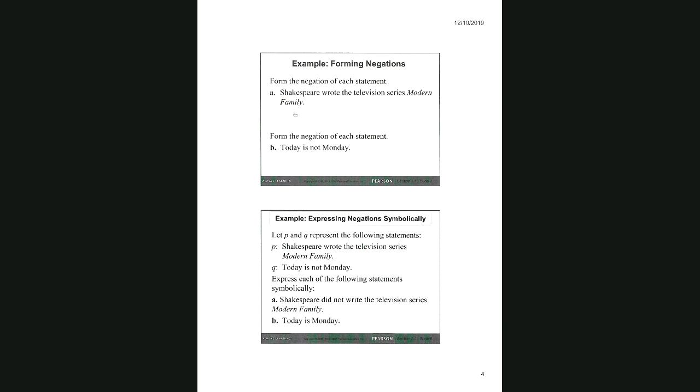So a negation could be Shakespeare did not write the TV series Modern Family, or it is not true that Shakespeare wrote the TV series Modern Family. So I'm going to go with the first one. Shakespeare, excuse that cursive writing there, but it's less clicks when I write cursive.